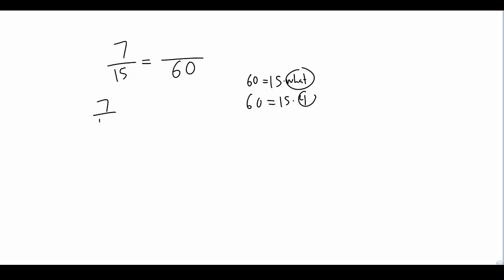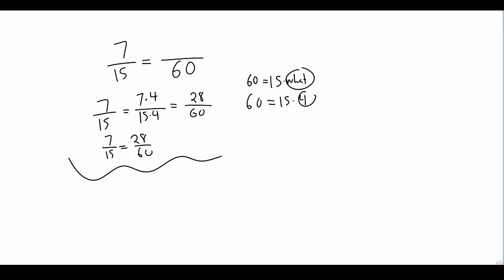So 15 times 4. And if you multiply the denominator by 4, you must multiply the numerator by 4 to keep the rational number equivalent. So you get 28 over 60. 7/15 is the same as 28 over 60.